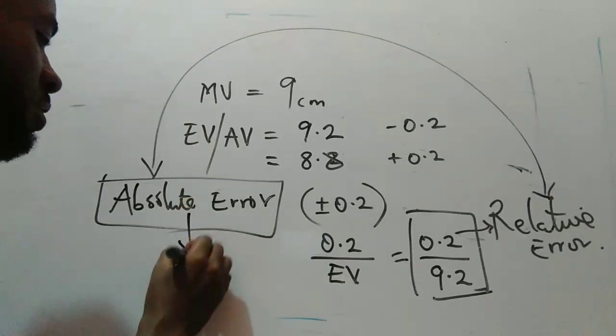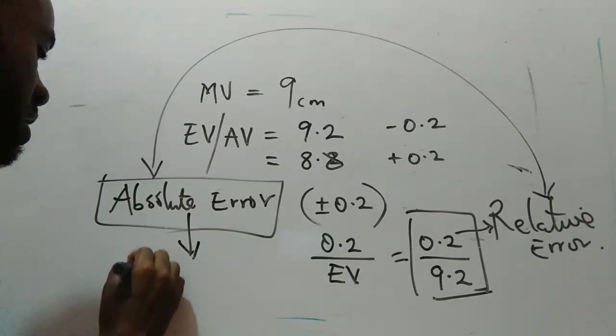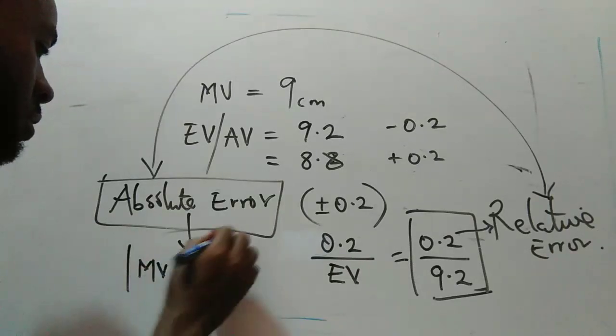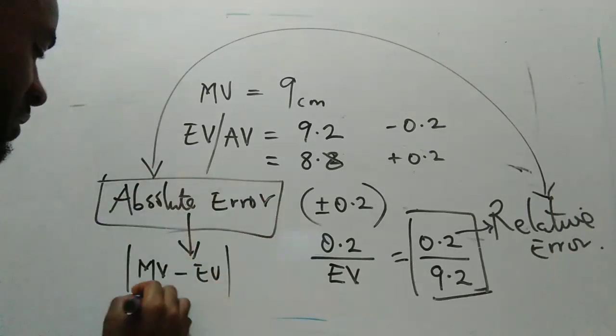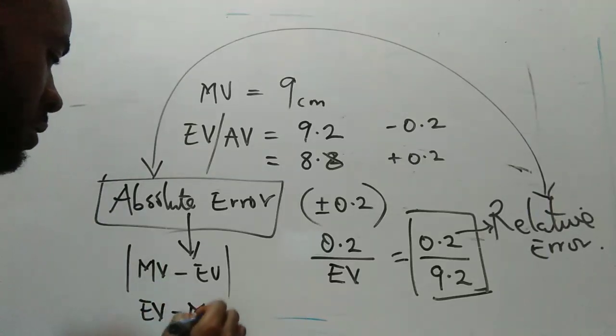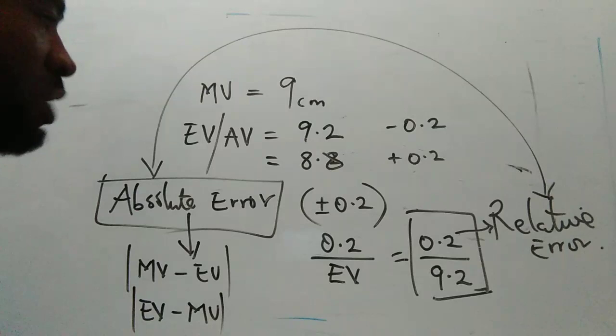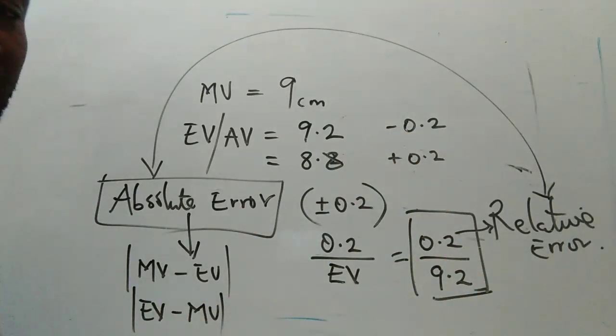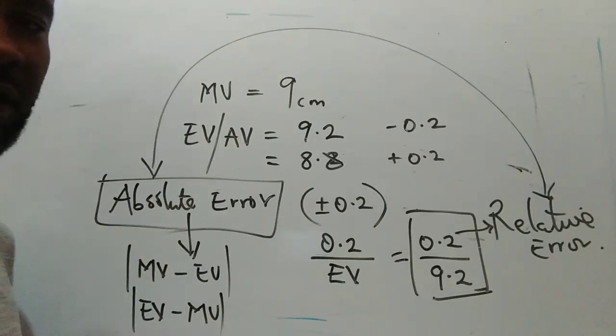So this absolute error is actually MV minus EV, or EV minus MV. That is why we are having absolute value. That's why we call it absolute. It could either be positive or negative in any of these forms. So that's what absolute error is.